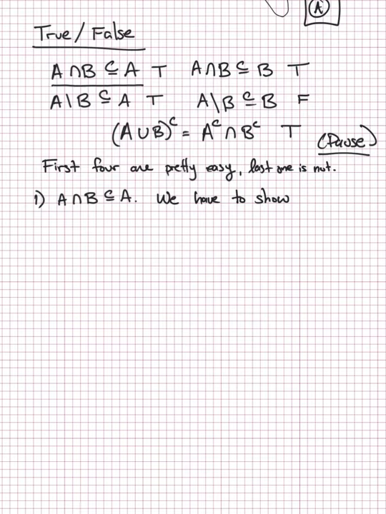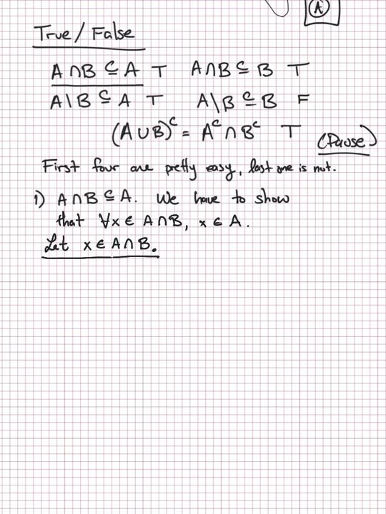We have to show that for every x in A intersect B, x is in A. If you're trying to show something for all x in A intersect B, you should start with an element in A intersect B. This is going to be a common feature of a lot of the proofs involving comparisons between sets. Start with something there.